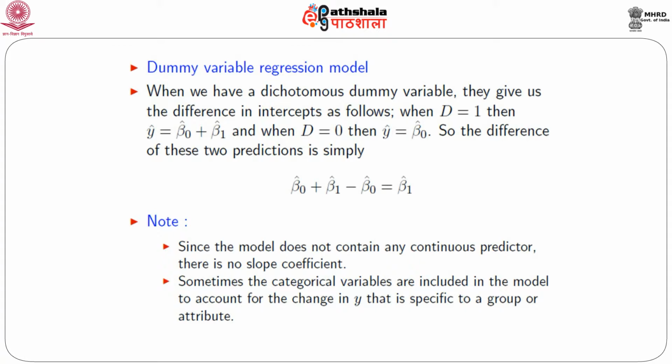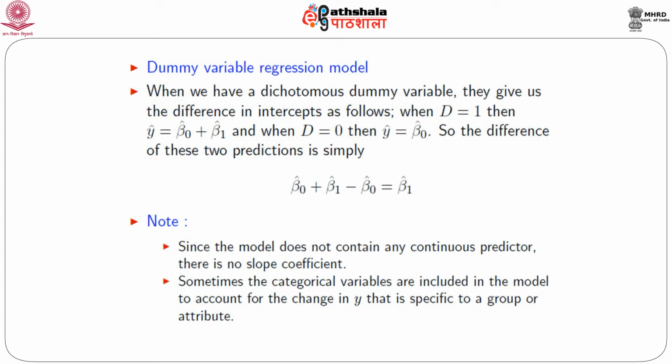Suppose we consider a model with a response variable y, and we regress it on two predictor variables, one of which is continuous, denoted by x1, and the other, denoted by x2, is our categorical variable, which takes the value 1 when the respondent is male and takes the value 0 when the respondent is female. So, after we plug in the values, for male, since the categorical variable takes value 1, we replace x2 by 1.